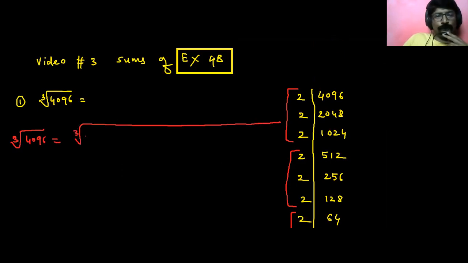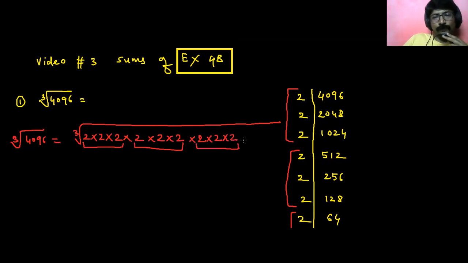Cube root of 2 into 2 into 2, one bundle, and then the second bundle, 2 into 2 into 2. Remember that in between there have to be multiplication signs. And then the third bundle, 2 into 2 into 2. And then there was one more, the fourth bundle. There were 4 bundles, do you remember? 2 into 2 into 2. So it's very simple, guys.